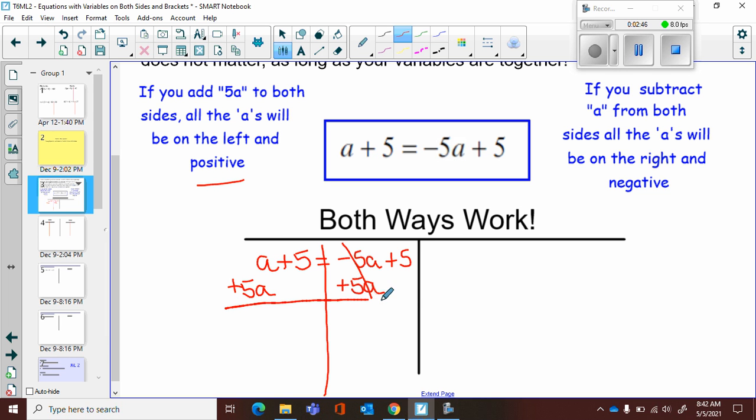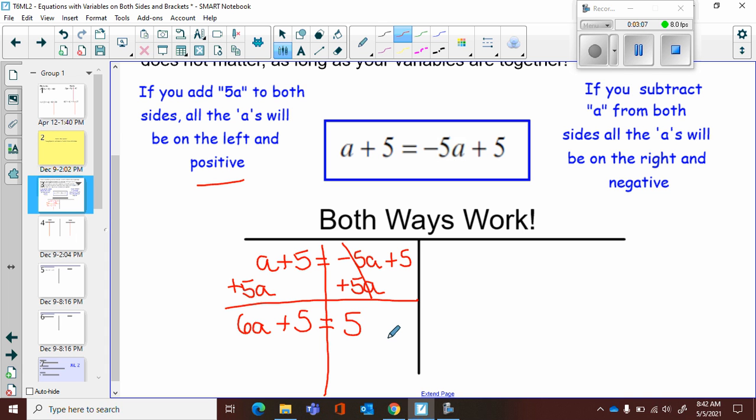Okay, so we're going to rewrite our equation of what we have left. This a plus 5a, we now have 6a on this side, and the plus 5 didn't go anywhere, equals these 5a's cancel out, the negative and the positive, and we're left with just 5 on this side.